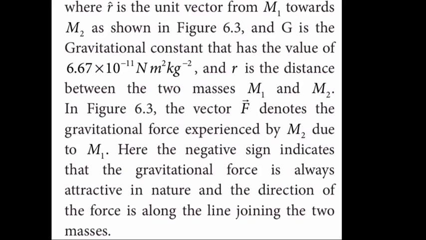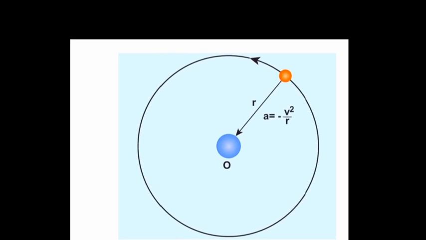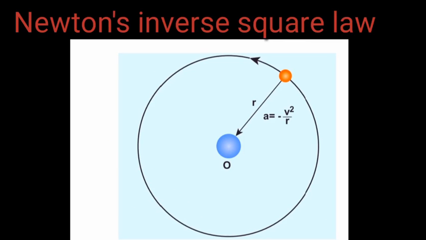Next we are going to see Newton's inverse square law. Students, see this figure. A point mass is revolving around a circular orbit, keeping the radius as r. The centripetal acceleration of the point mass is represented by A equal to minus v square by r.